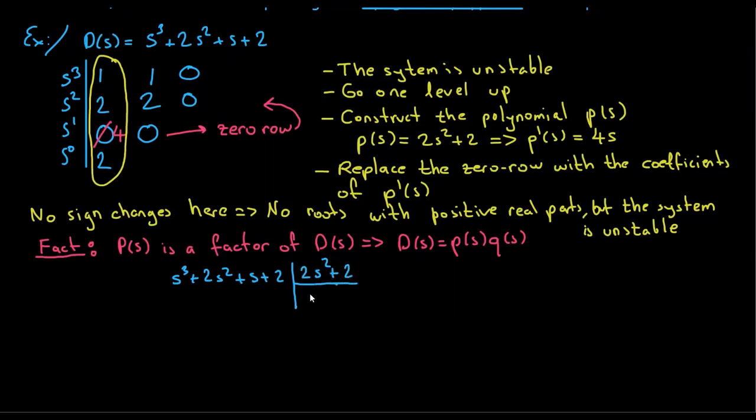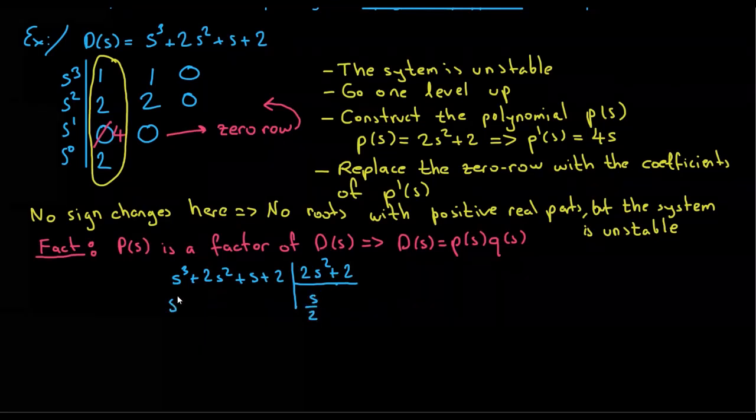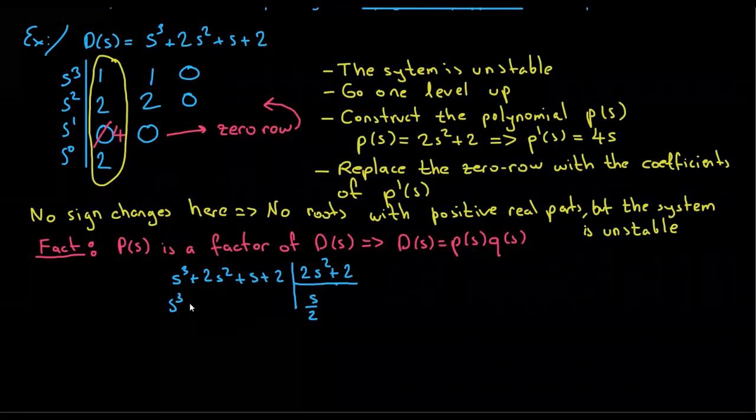So I will write here s over 2, then I will get the s cubed term plus s, and subtract those. I will have 2s squared plus 2 here and plus 1 over there. Let me subtract that. The remainder is going to be equal to 0. This way I was able to find the third pole.